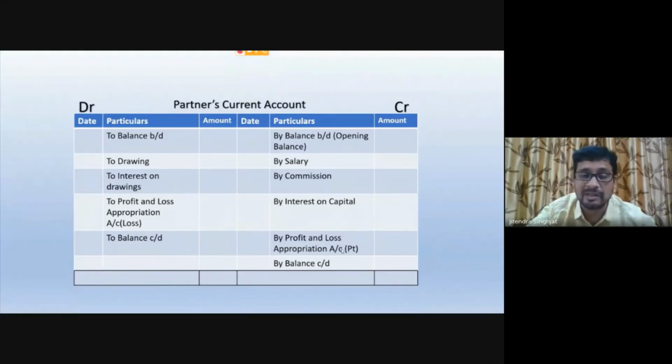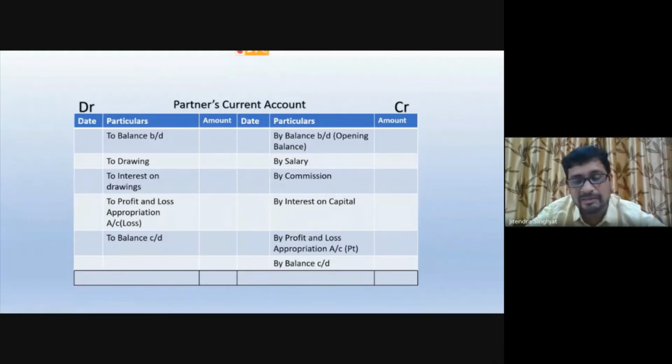Now we can see when partner's account is reduced, it is recorded in debit side. Like partner has withdrawn something as drawings. Partner has withdrawn, so partner has to pay interest on drawings, which will come in debit side. If there is any loss in profit and loss appropriation, it is coming in debit side.